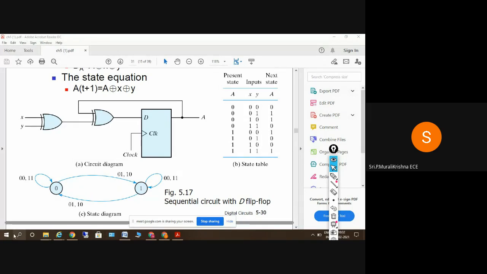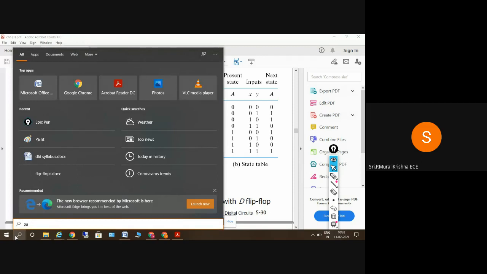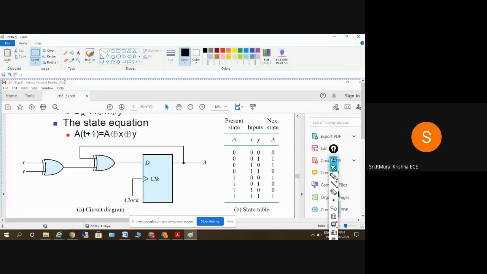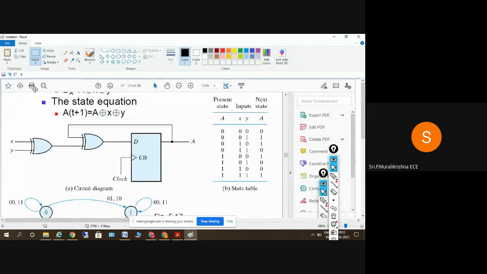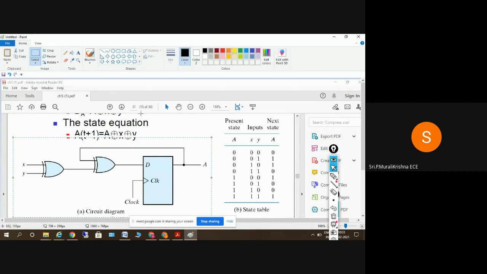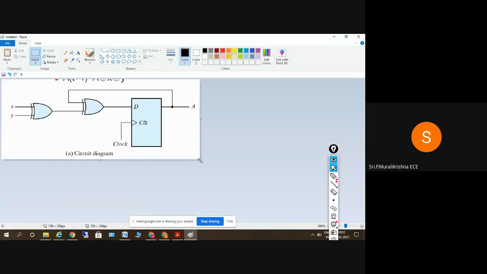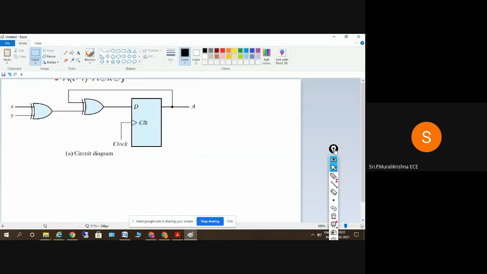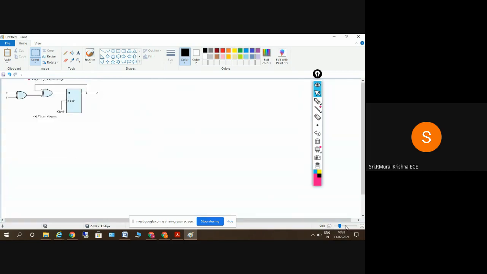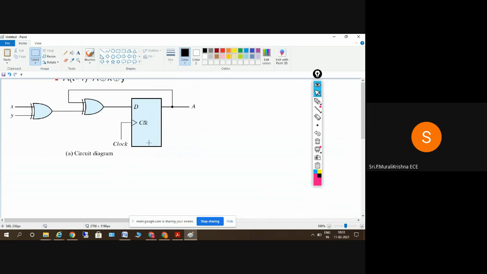So we'll do the analysis part for this diagram, and first of all find the state equation.